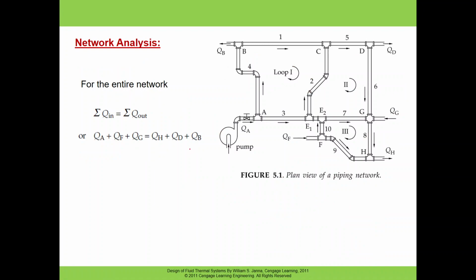There are certain principles that we need to apply here. One of the principles is the continuity equation for the entire network. The summation of the mass flow rate in should be equal to the summation of the mass flow rate out. So this one is going in, and this one is going in, and these two are in, and this one also, and this is going out, and this is going out here, and this is going out here.